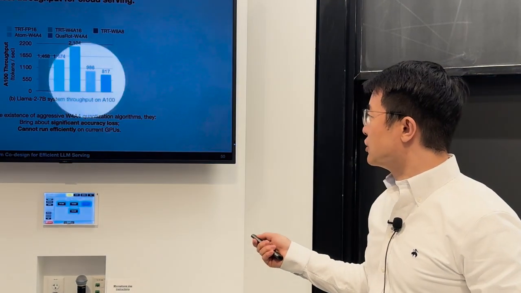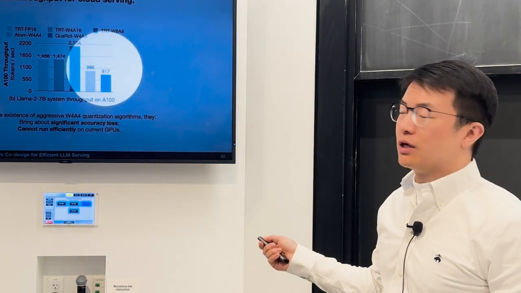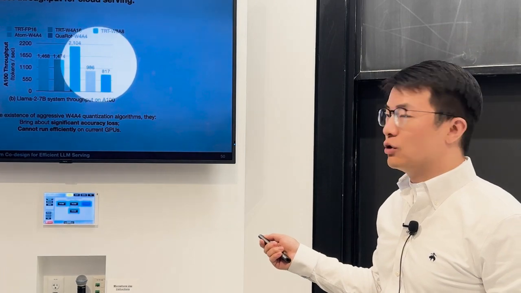So they reduced the precision, but without a good engine, there's no speedup, but a 2x slowdown. And it also brings significant accuracy loss using the W4A8, W4A4 manner compared with the higher precision version.